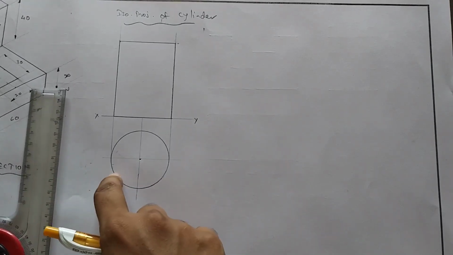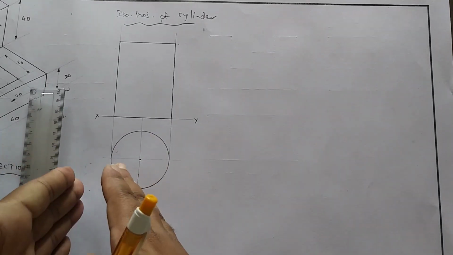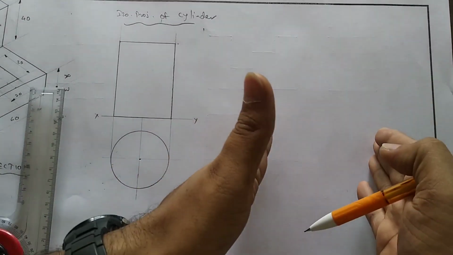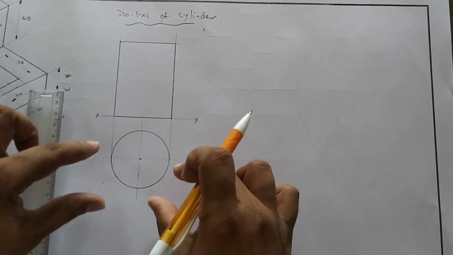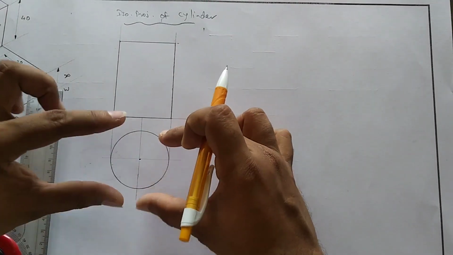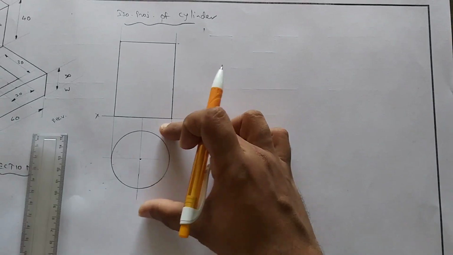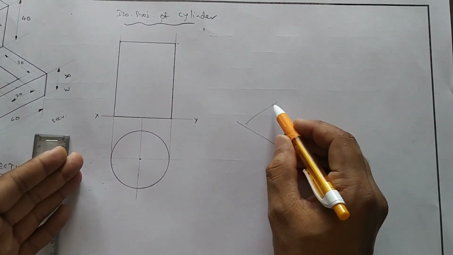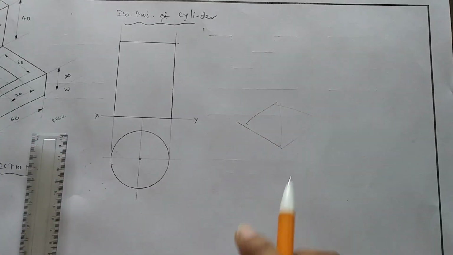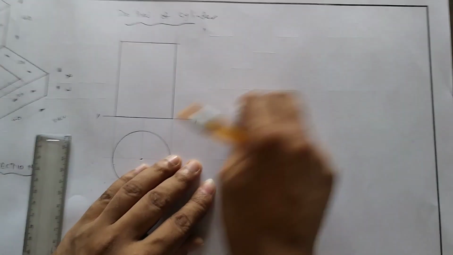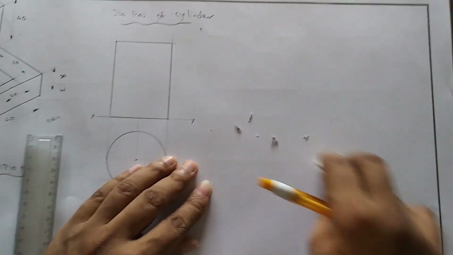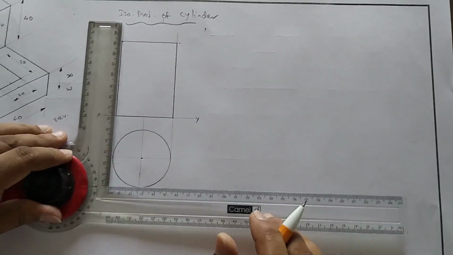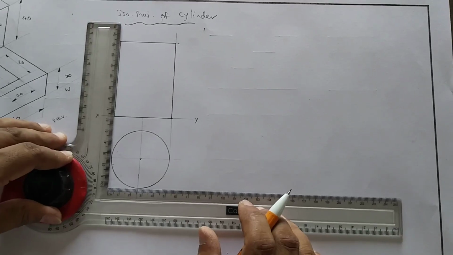For any object that we take from orthographic to isometric, compulsorily we have to keep one of the views in a box, so that the box can coincide with all three axes, making a box in this isometric view. So now I'm keeping this in a box.